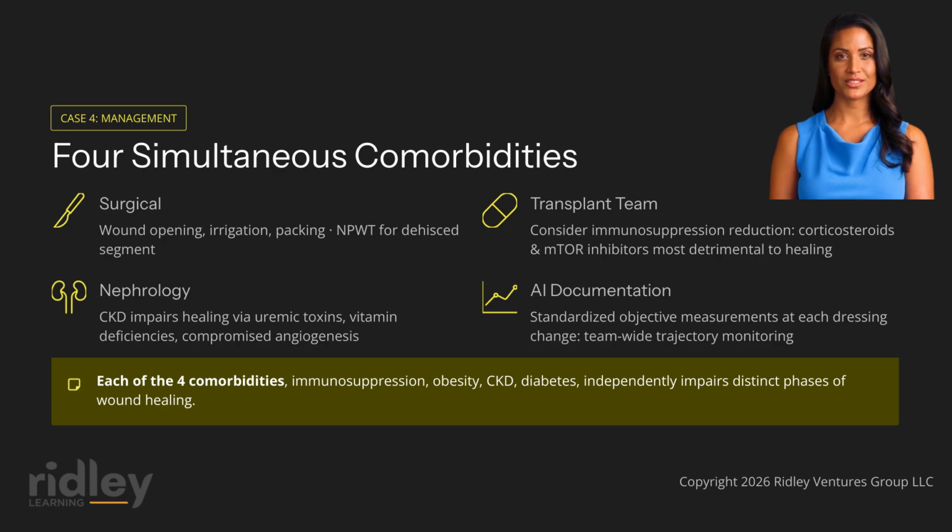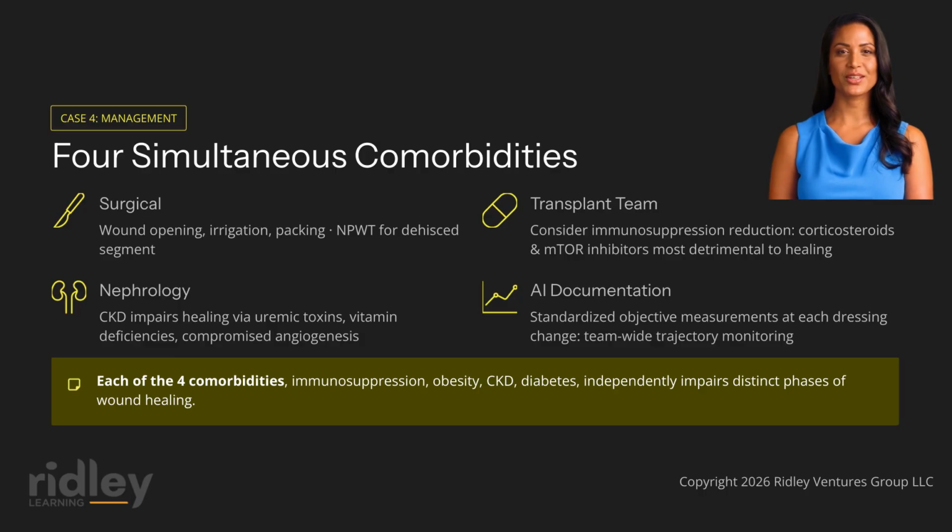Occupational therapy addresses functional independence during wound recovery, including adaptive strategies for abdominal wound protection during transfers, toileting, and dressing activities. AI-assisted wound documentation provides standardized objective measurements of wound dimensions and tissue composition at each dressing change, enabling the multidisciplinary team to track healing trajectory and identify early signs of complication.